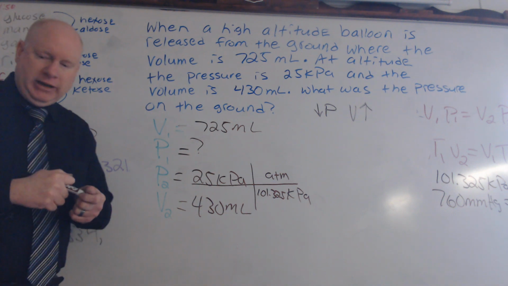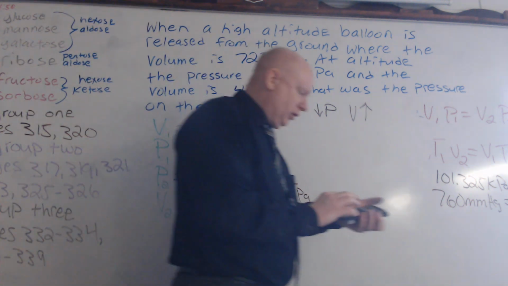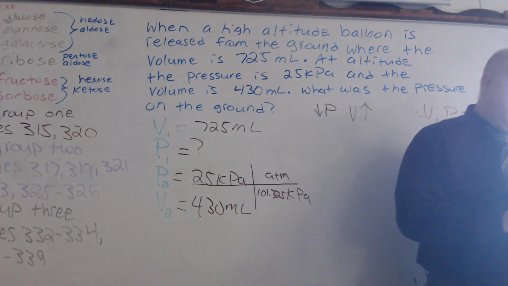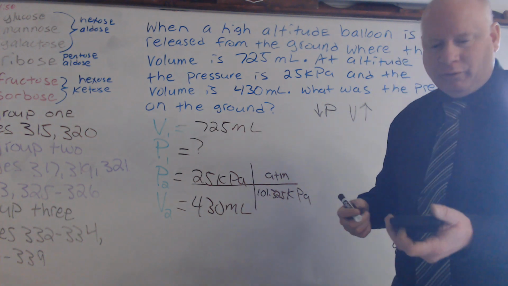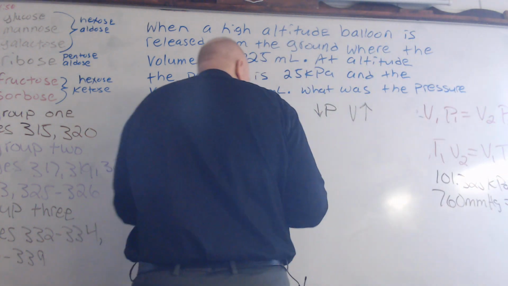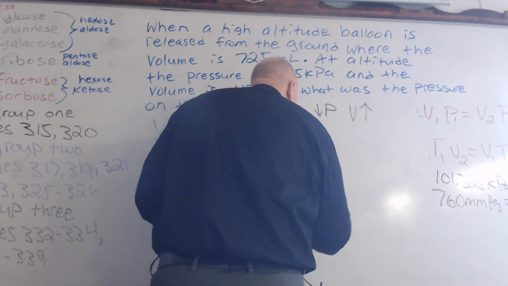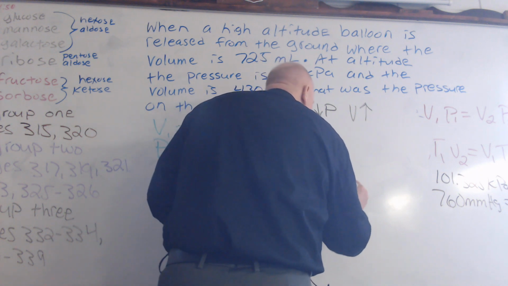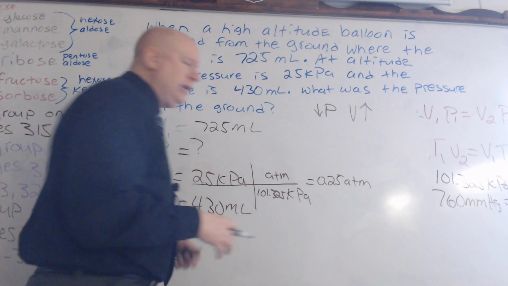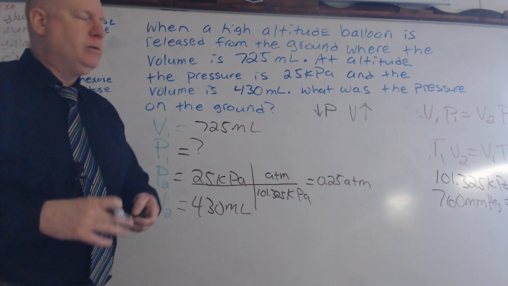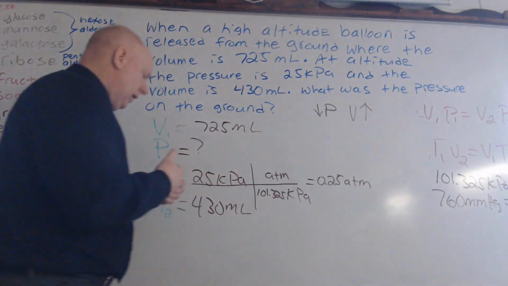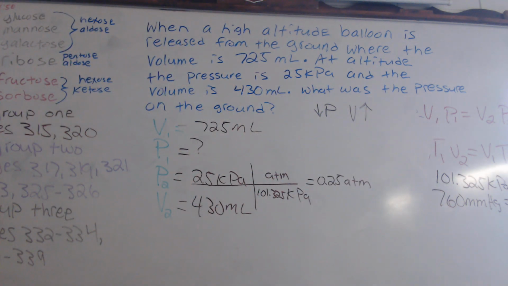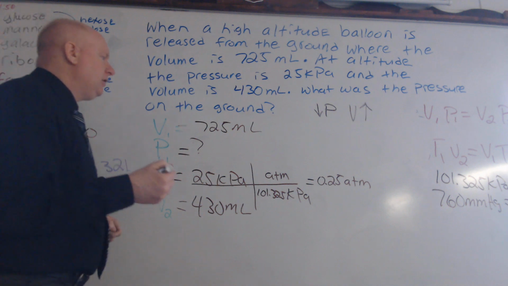So then dividing these two, okay, 25 divided by 101.325, and that gives you approximately 0.25 atmospheres, okay? Because these have to be measured in atmospheres. Now we can proceed, okay? And then we can use our Boyle's Law application, okay? And in this case then, just do what the formula tells you to do.